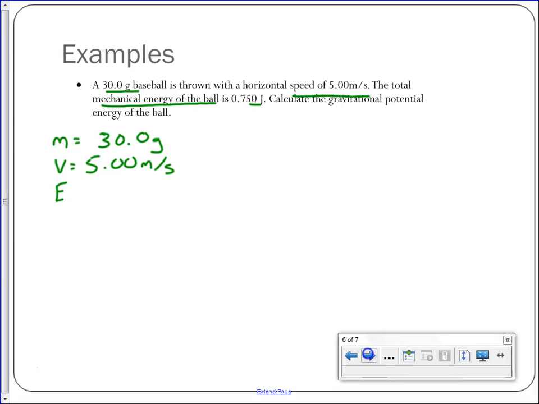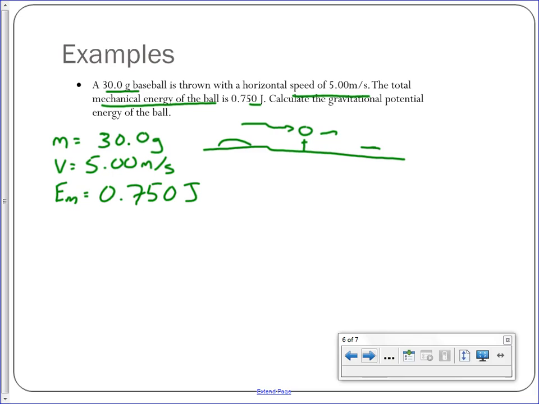So we'll just write EM is equal to 0.750 joules. We know with a baseball getting thrown, if we look at a pitcher's mound and home plate, when a ball's being thrown, it should have some potential energy.